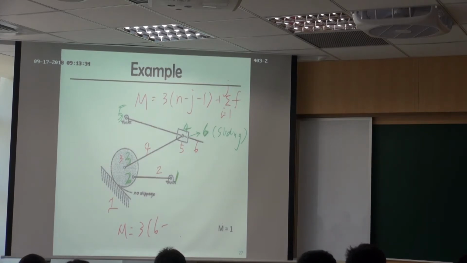And we have one more joint, which is this one. It says there's no slippage, so that means it's pure rolling. A pure rolling joint is also a joint, and it's also a 1 degree of freedom joint.